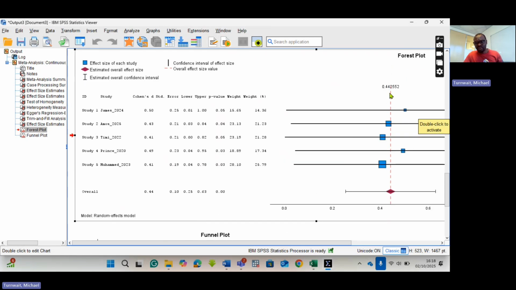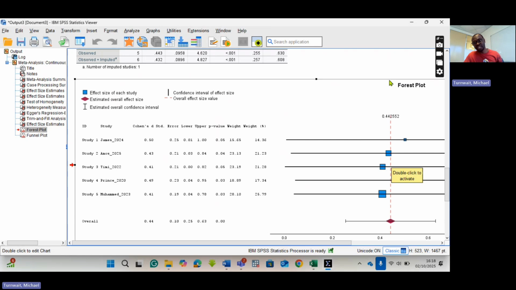There is also a straight dotted line here, 0.442, which is the overall effect size value, similar to a log odds if it were a binary analysis, and it is moderately significant.